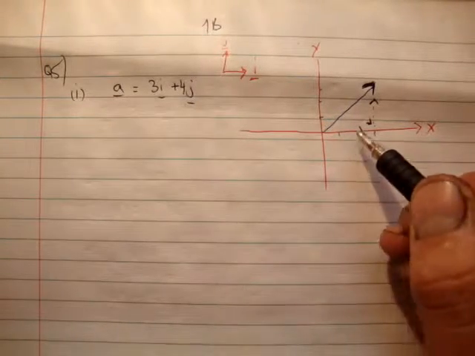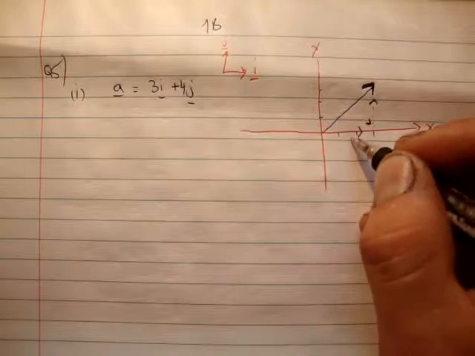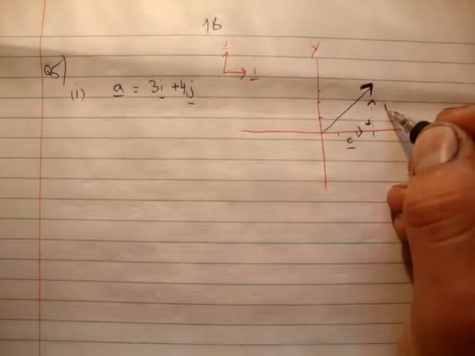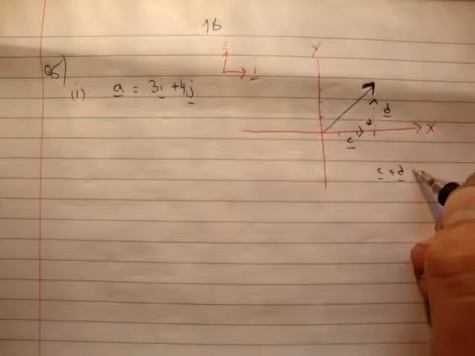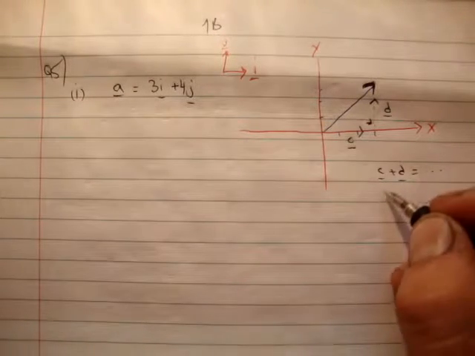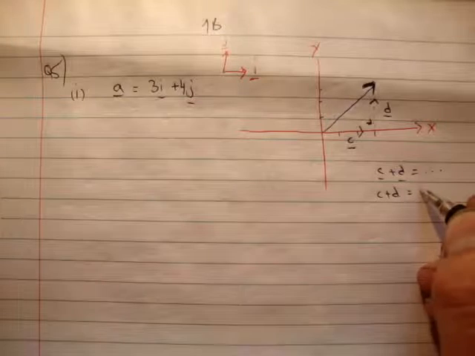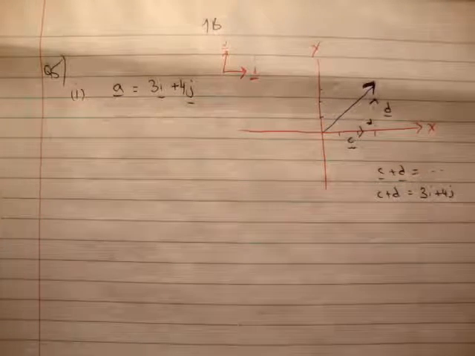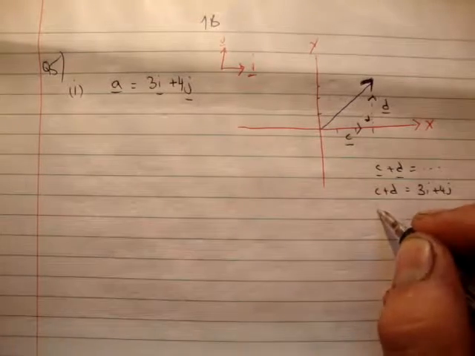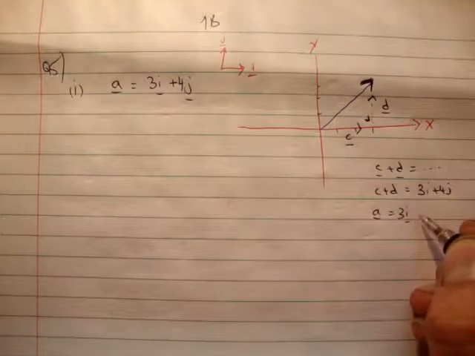Usually you would be given this vector C and the vector D, and you would go C plus D is equal to dot dot dot, and it happens that C plus D is equal to 3i plus 4j. And as I said, A is equal to 3i plus 4j.